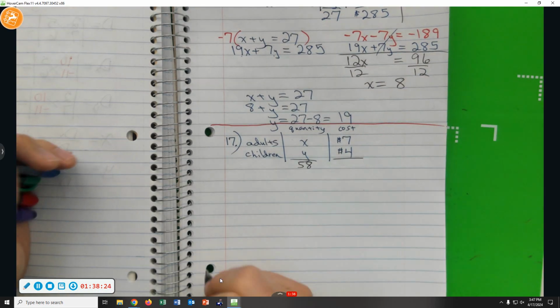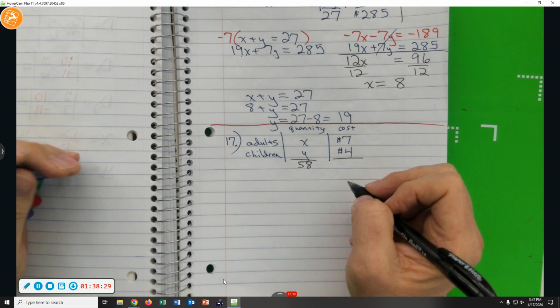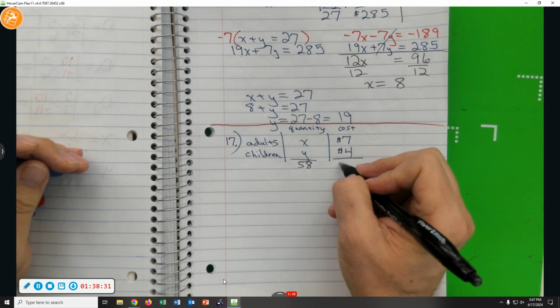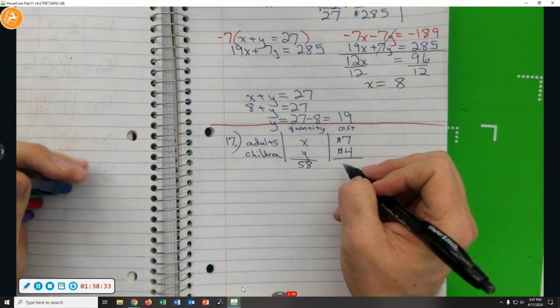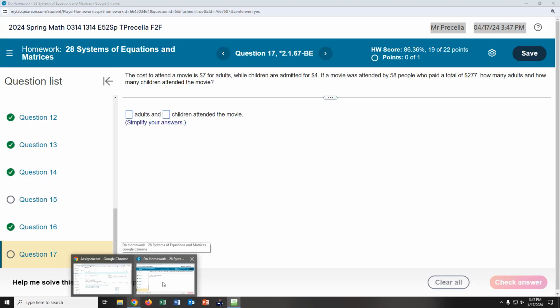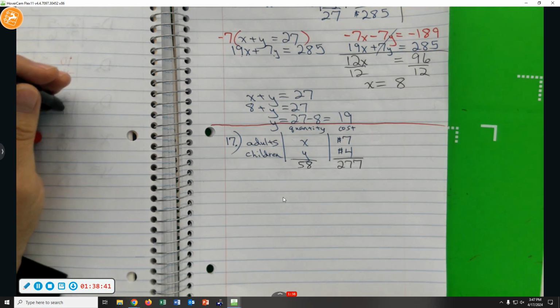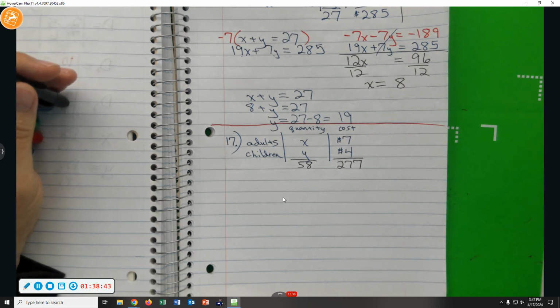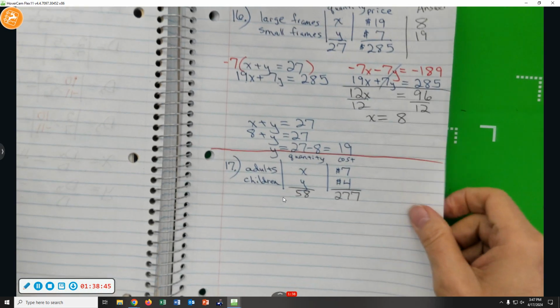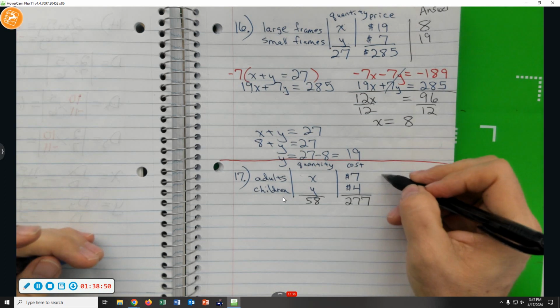If we add up all the money they took in, it should be 277. I thought it said 288, but yes, you're right, 277. We don't have our answer column yet.